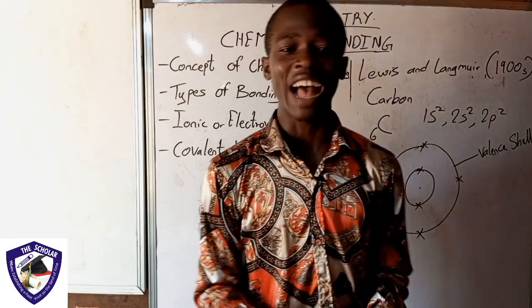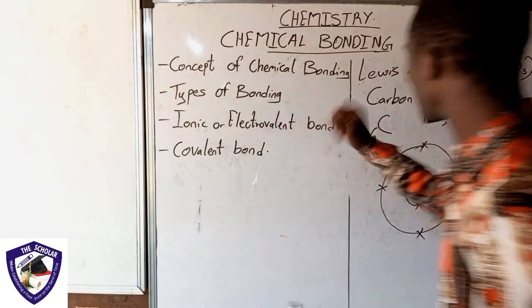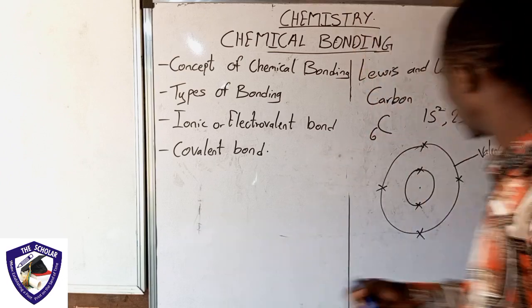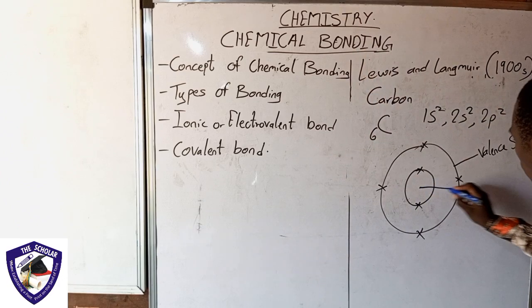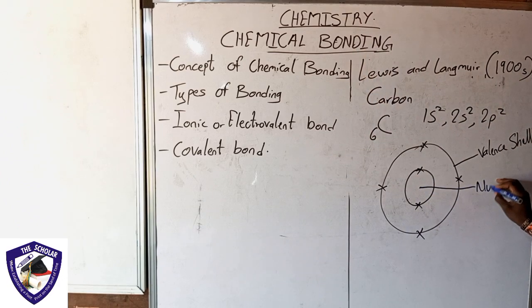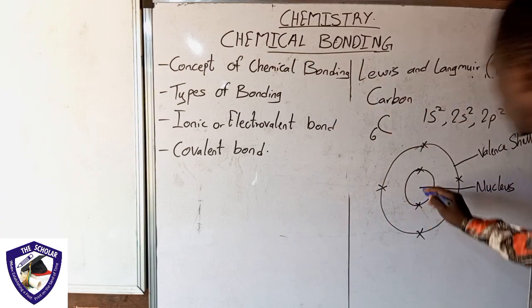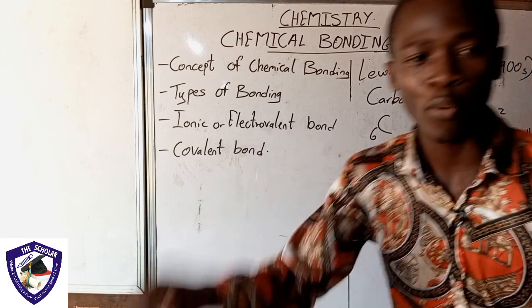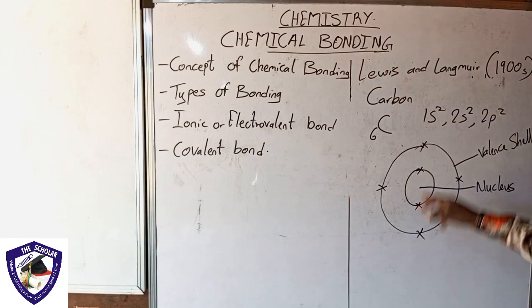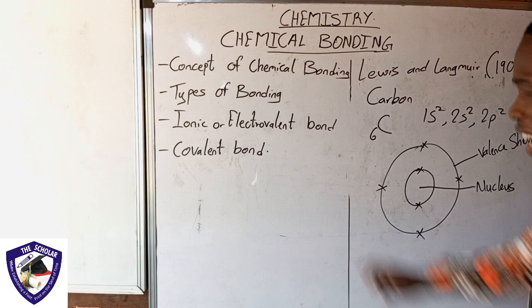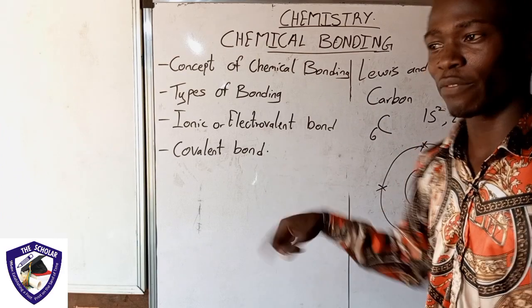So valence electrons are the electrons that are the farthest away from the nucleus. This is the nucleus. Inside the nucleus, we have what we call the proton and the neutron. We have proton and neutron in the nucleus, while we have electron at the outermost shell.